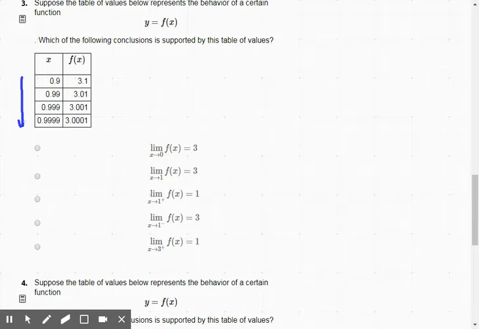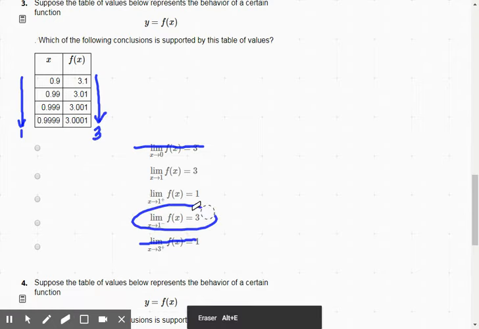These x values are getting closer and closer to 1. So it's definitely not the first one, and it's definitely not the last one. Looking at the differences here, we are approaching 1 from which side? It's the left side. And as we're approaching it from the left side, those y values are getting closer and closer to 3. So there is our answer there.